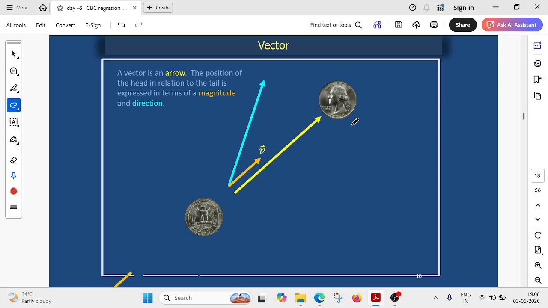From here to there you are moving, and if you want to go from here to there in some direction, magnitude is there and direction is there, but we are using the arrow. So a vector is an arrow, and you need to get the clarity. That's the reason I have given the explanation in this slide. Don't take it in a negative way. A vector is an arrow, and the position of the head in relation to the tail is expressed in terms of magnitude and direction.